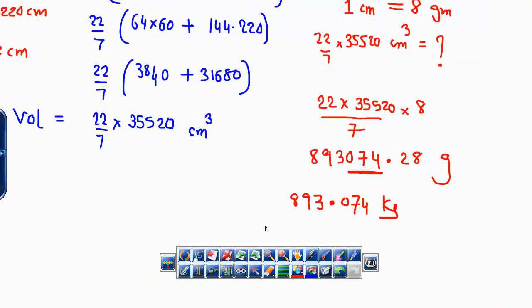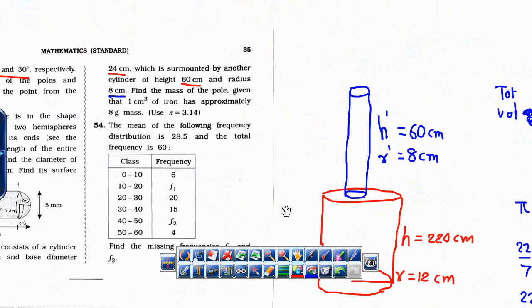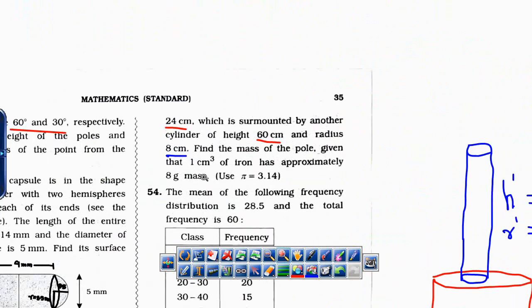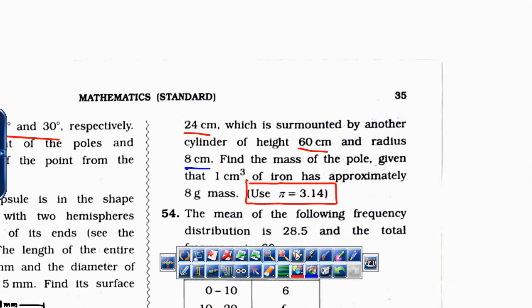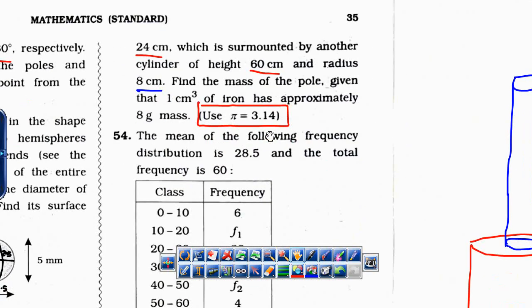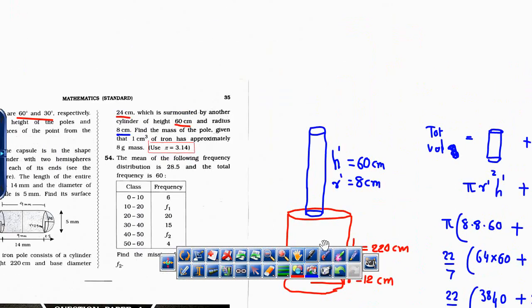Why is this different? Because we did not pay attention that the value of pi is not 22/7. We have to take it 3.14. टेक्स्ट बुक का सम है, चेक द टेक्स्ट बुक सम एंड डू इट अकॉर्डिंगली. बाकी ये सेम मेथड में 3.14 करोगे तो आंसर एग्जैक्ट आ जाएगा.